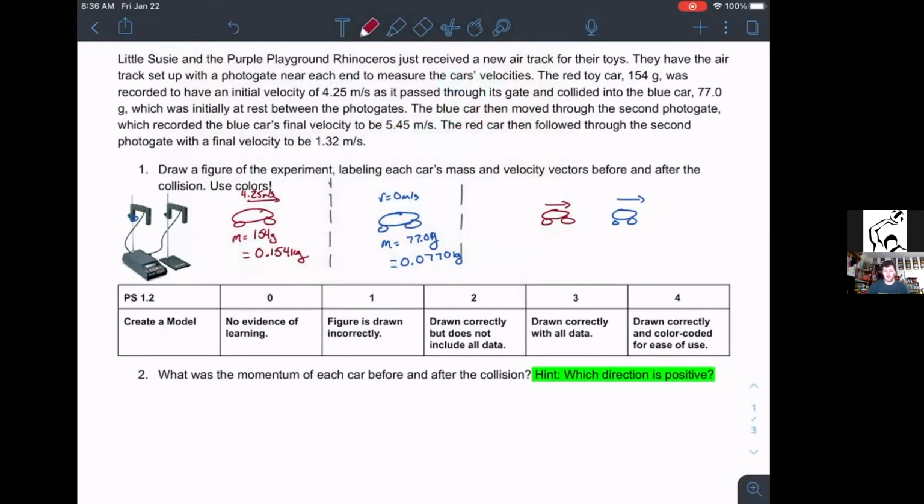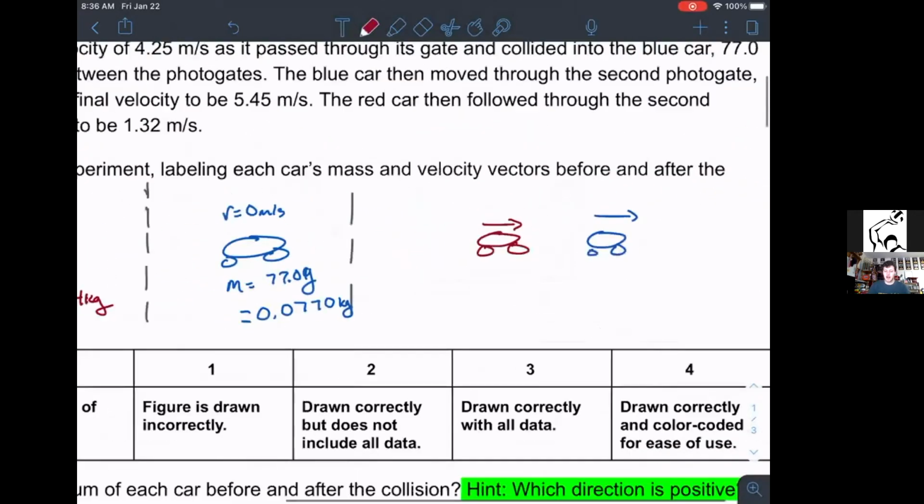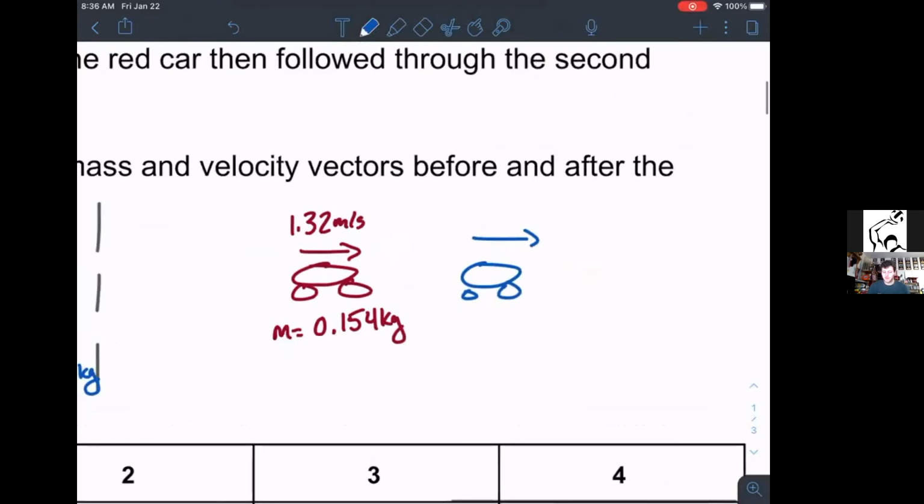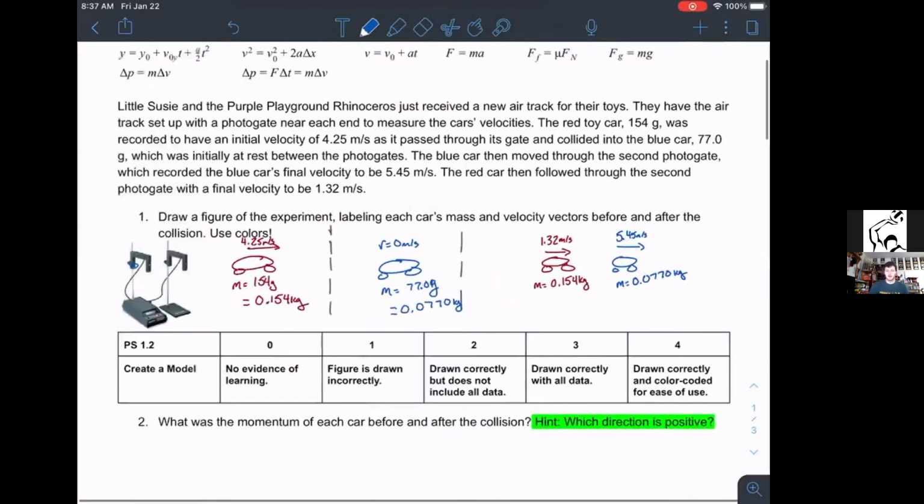So we draw them both moving in the same direction, and we can include those velocities: 1.32 meters per second for the red car, and this is still the mass of 0.154 kilograms. Then our blue car is moving with 5 meters per second, and its mass is still 0.0770 kilograms. So we have our before and our after.